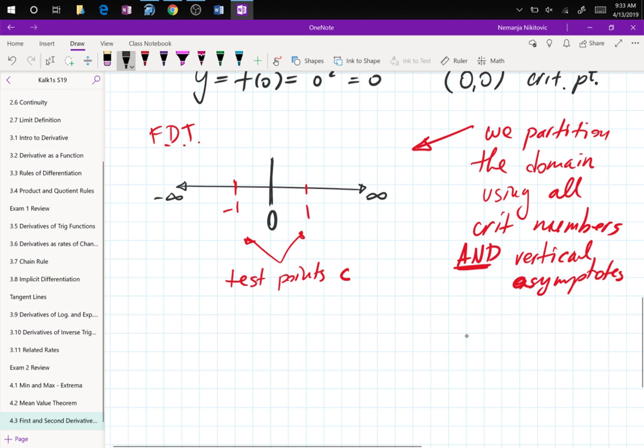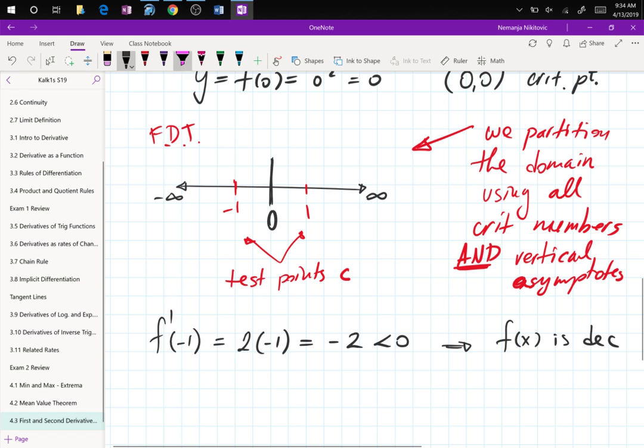So now, f prime of the c, which is -1, is going to be 2 times -1, which is -2, and that's less than 0, and by our first derivative test, f of x is decreasing. So you put the arrow going down in this partition.